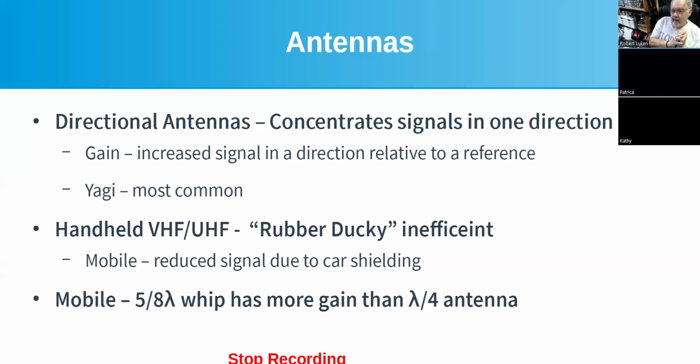Also, there are mobile antennas that are 5/8 wavelength as opposed to quarter wavelength. It actually has up to 2 to 3 more dB of gain than the quarter wave. You don't have to understand why, just that's a fact, and there's a question about it having more gain.